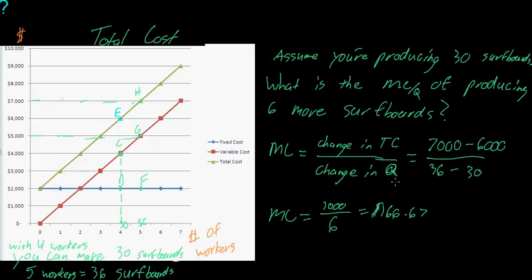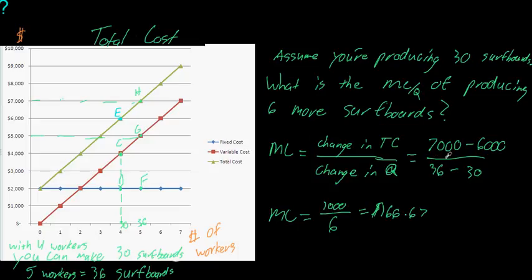So the first thing, I hope I didn't confuse you with this marginal cost divided by Q thing, but what I'm saying here is that the marginal cost of producing 6 more surfboards, if I were to get rid of this Q, so imagine that I just erased this Q, the marginal cost of producing 6 more surfboards would be $1,000. It would just be the numerator. And that's never what we've been calculating here. We've always been calculating the average marginal cost.